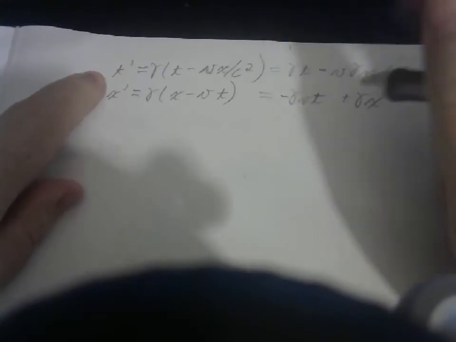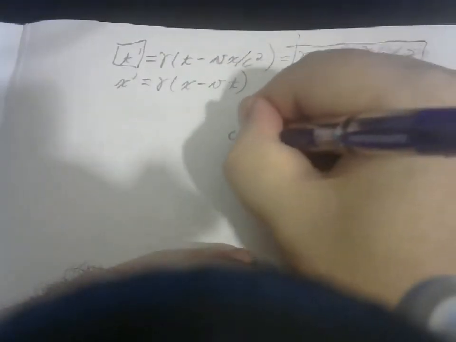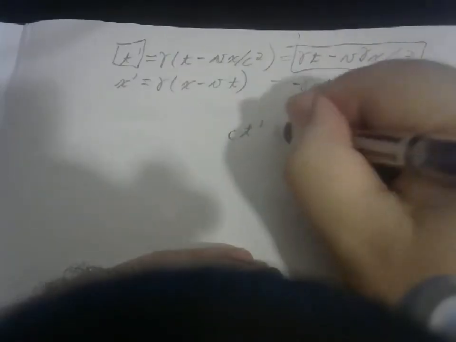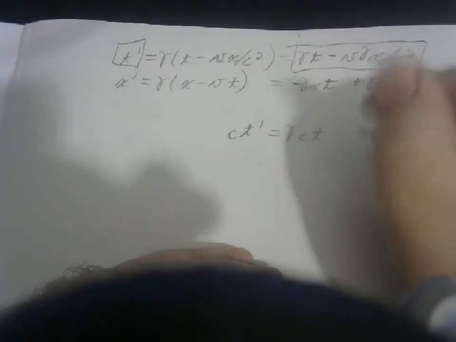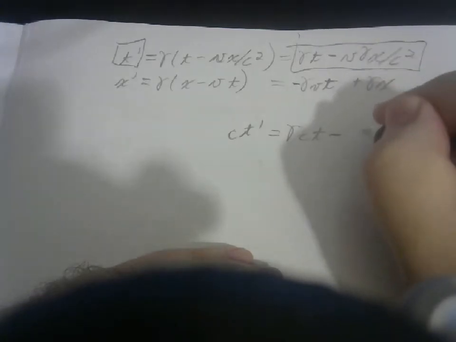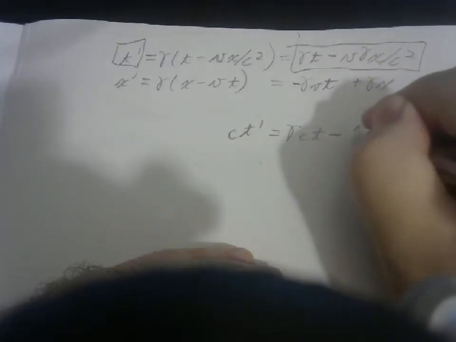Now, the first equation, t prime, I'm going to multiply it all by c. So c t prime equals gamma c t minus v gamma x over c.